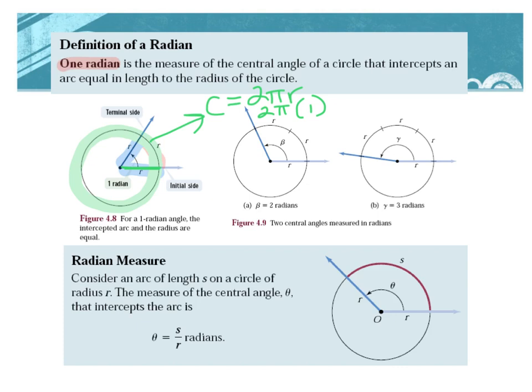And if we approximate pi to be 3.14, then we're saying this is 2 times 3.14, or 6.28. So 6.28 would be the measure all the way around my circle. Which means if I start here at 0, I come all the way back around at 6.28.